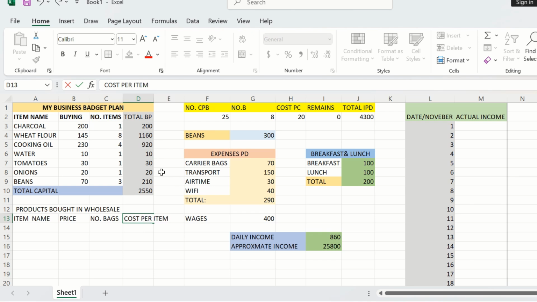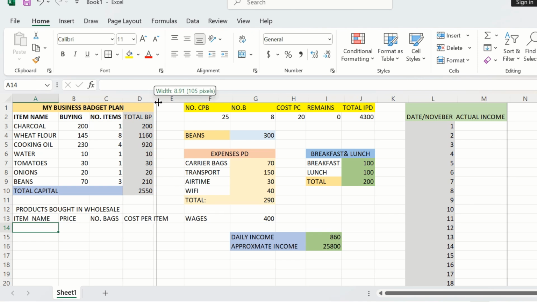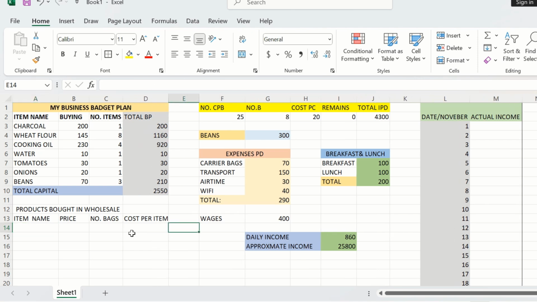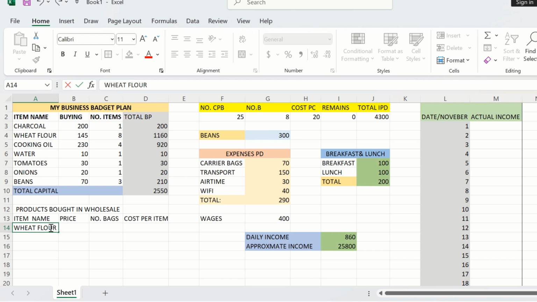So that you can track the cost per item easily, so that you don't need to keep on calculating. So let's say we buy the wheat flour on wholesale basis, the cooking oil on wholesale basis, and then beans on wholesale basis, then the total.